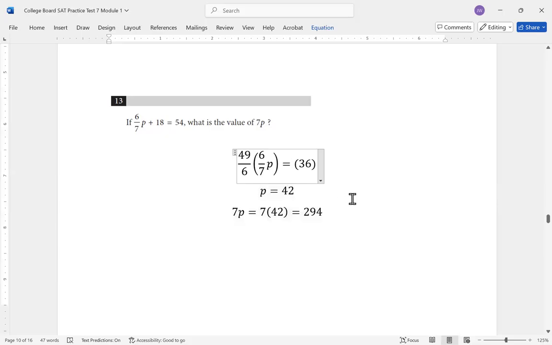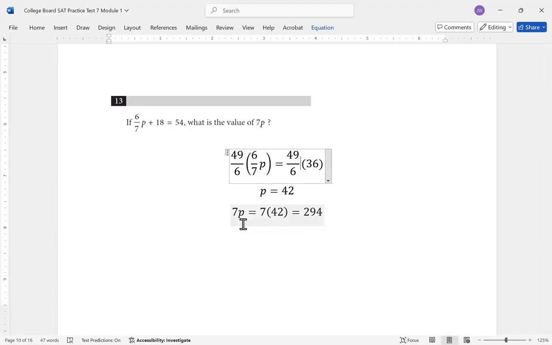And if I multiplied the right-hand side by 49 over 6, I would get 294. So I could have done that in one step if I would have just seen that 49 over 6 times 6 over 7 p is equal to 7p.